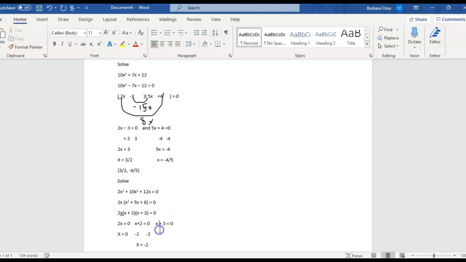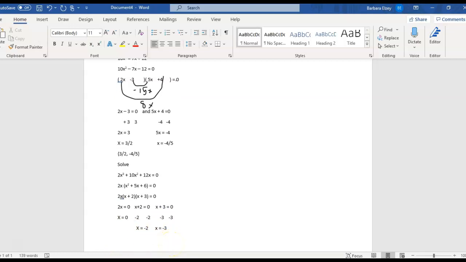And then this one over here, let's subtract 3 from both sides, and we will get x equals -3. And let's notice in this instance, we have 3 solutions. We have 0, -2, -3. Again, it's a list. I don't have to put them in order unless I want to.